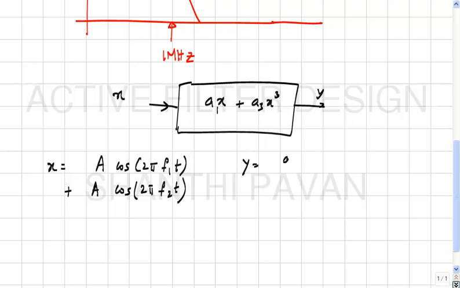Y is nothing but a1 times A cos 2 pi f1 t plus a1 A times cos 2 pi f2 t plus what?